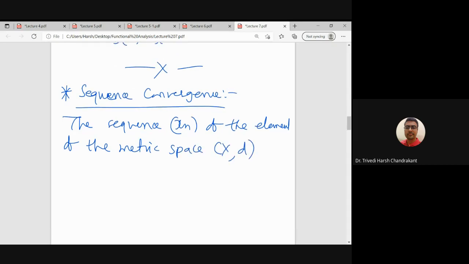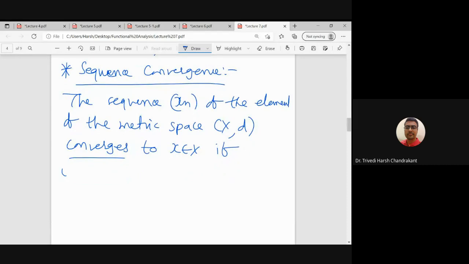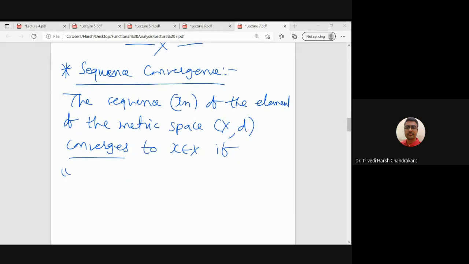So X is a metric space with metric d. If we take a sequence of elements of that metric space, we say that it converges to an element x of capital X if, what is the definition of sequence convergence in a metric space? Do you remember?